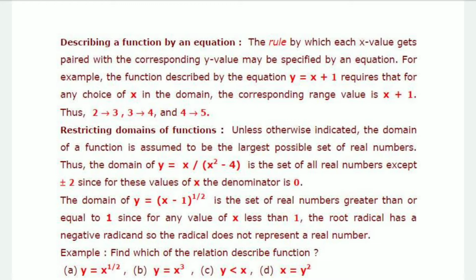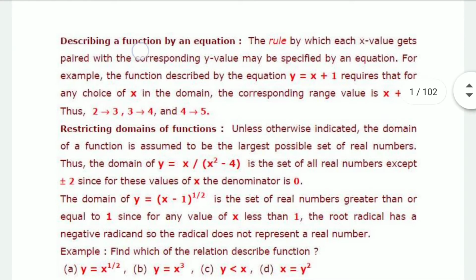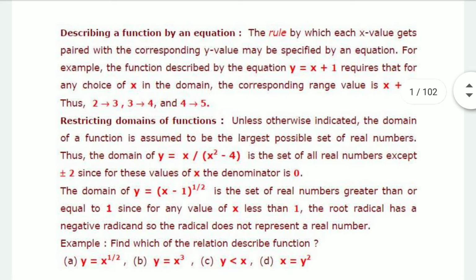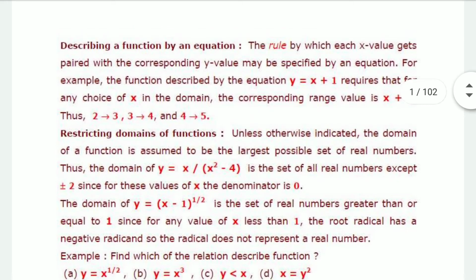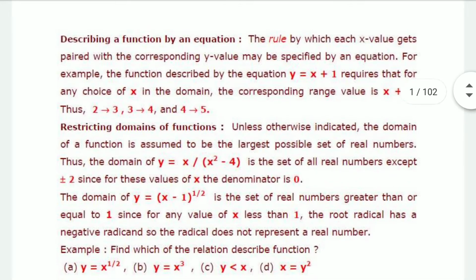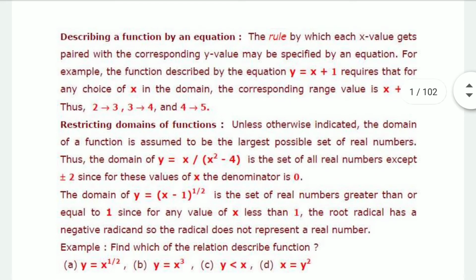Obviously, you're well acquainted with these rules. These rules are nothing but simple equations, as stated here. Describing a function by an equation, they are basically rules. Now, what do these rules do? These rules talk about, for each x value, what is its corresponding y value.